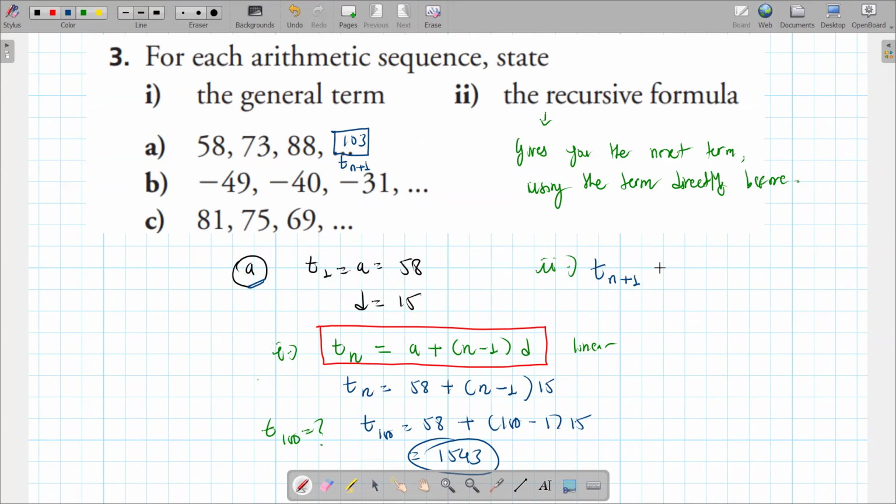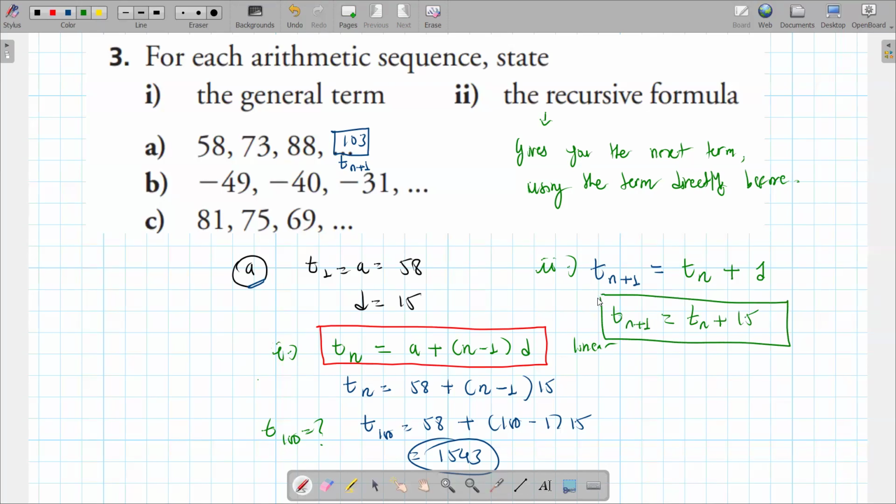And again, this is for arithmetic because we're always adding the same thing over and over again. We're always adding the slope. To go from one term to the other, we're just adding the d value. You take the previous term that we have, Tn, so that'll be 88, plus d. To get the next term, you just add to the previous term. So the final answer for part two, the recursive formula, again, they want the formula, they don't want the term, will be Tn plus 15, like that.